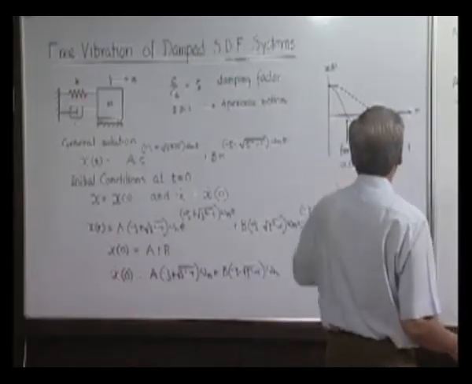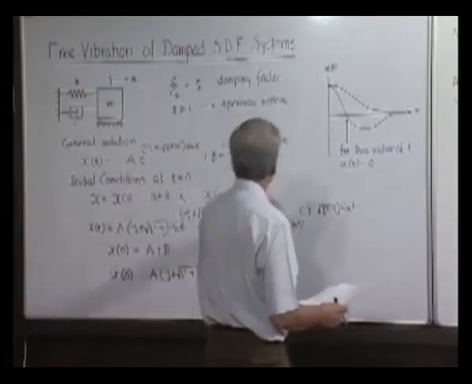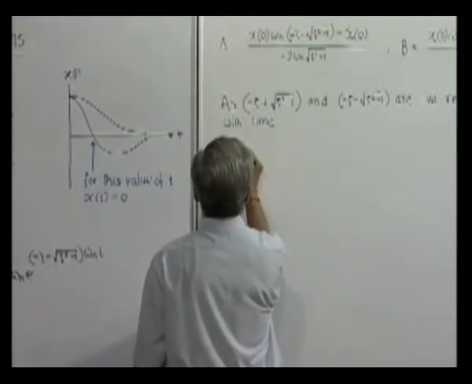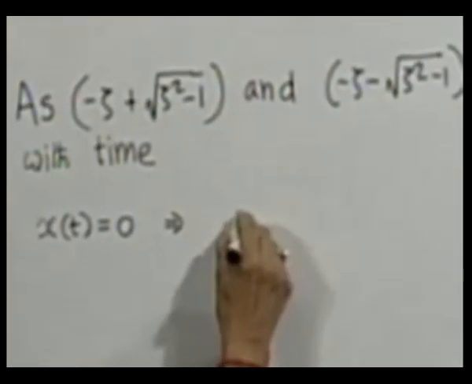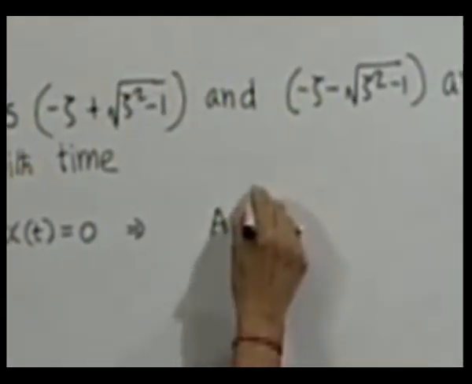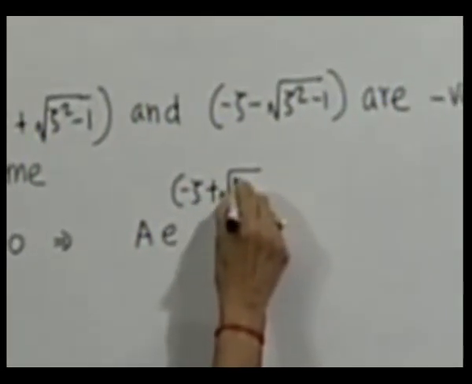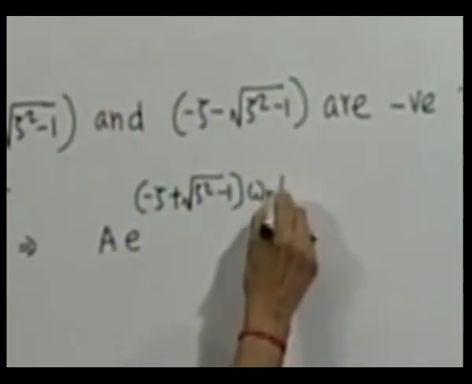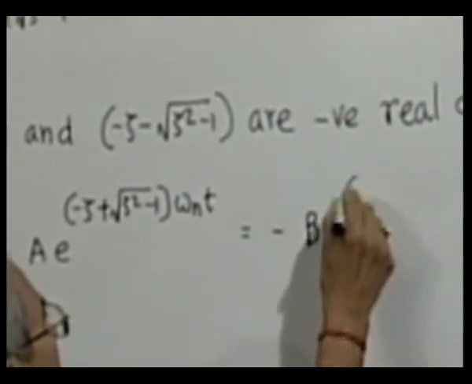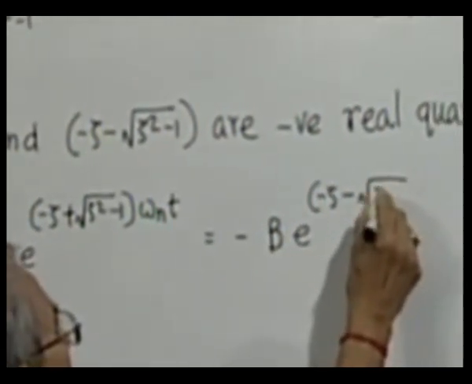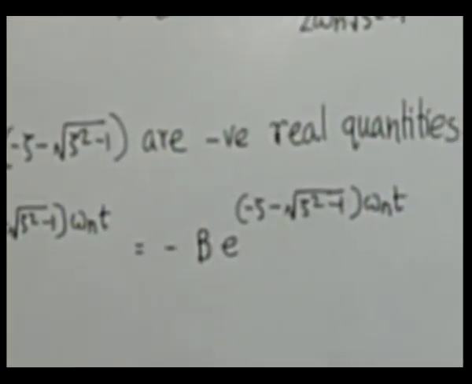Now, if x(t) is 0, that means A e to the power minus zeta plus square root of zeta square minus 1 omega n t is equal to minus B times the other exponential.